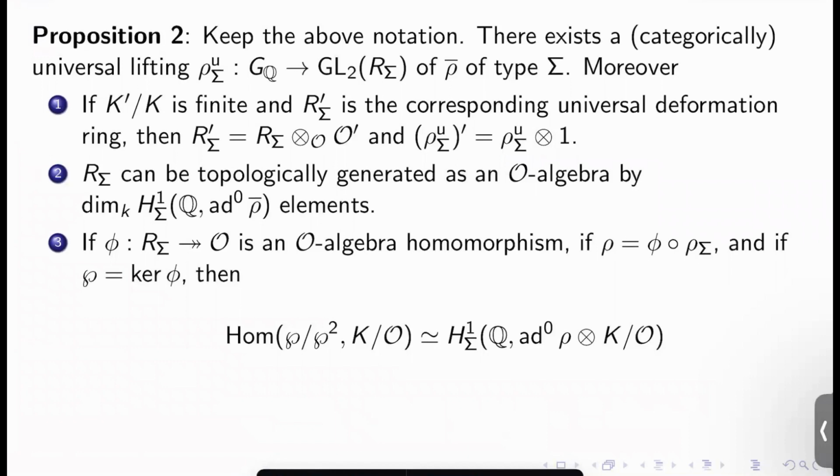Very simple relationship. Two, and this is very important: how big is R sub sigma? R sub sigma can be topologically generated as an O algebra by dim K H1 sub sigma of Q add 0 rho bar elements. So there's a relationship between our cohomology groups of type sigma and our universal deformation rings of type sigma. This is huge.